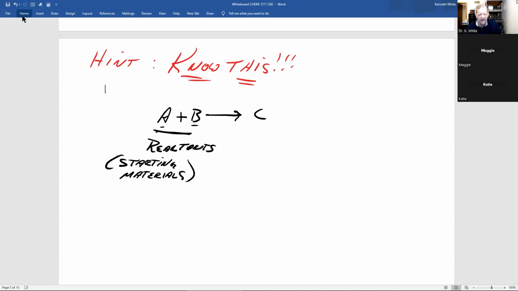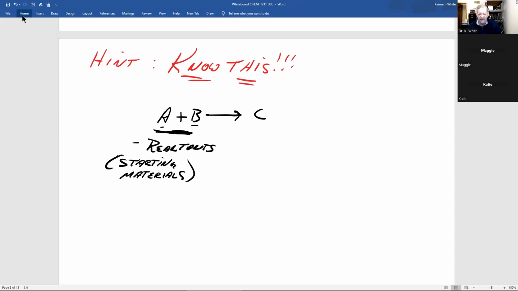So at the base of the arrow, A and B are the reactants. What are you reacting together to do a chemical reaction? And the plus sign means and. A and B react together.